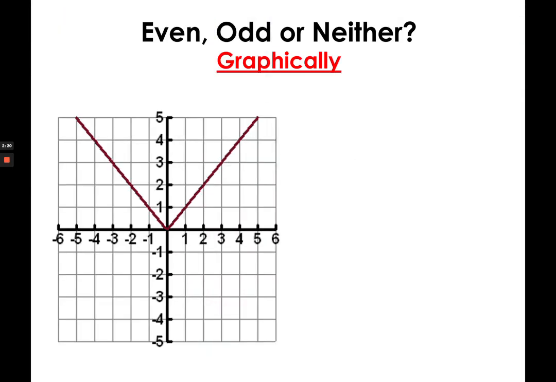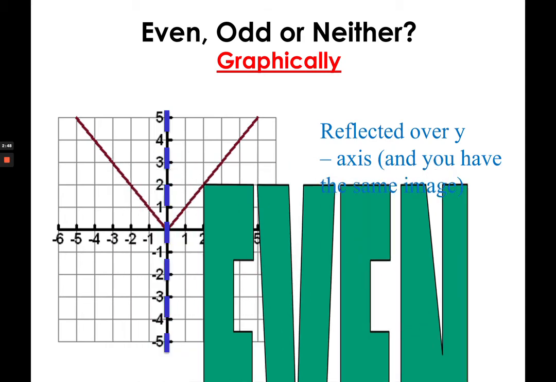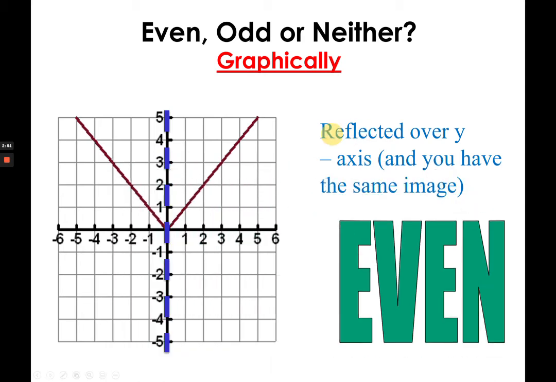Let's proceed. Now, looking at your first example, graphically, looking at your graph, is this given graph even, odd, or neither? Well, based on the definition, if a graph is symmetric about the y-axis, then it is even, because it is creating a reflection over the y-axis.